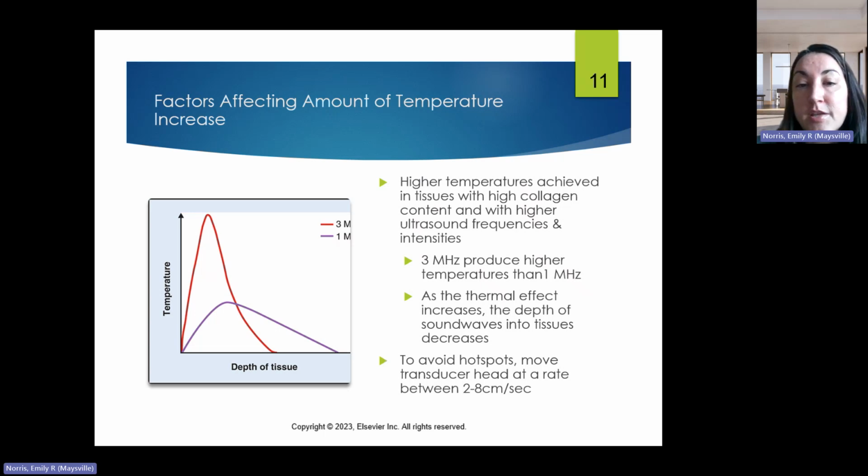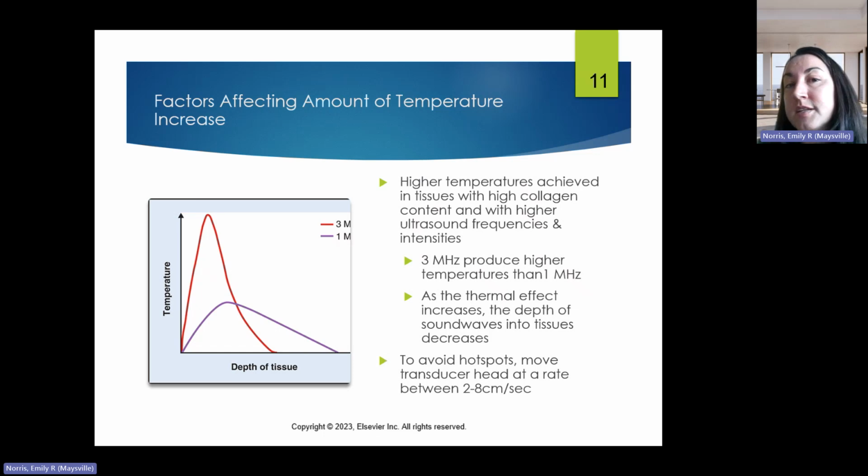Higher temperatures are achieved in tissues with high collagen content, with higher ultrasound frequencies and higher intensity. So a 3 megahertz ultrasound produces a higher temperature than a 1 megahertz. And as the thermal effect increases, the depth of the sound waves actually decreases.